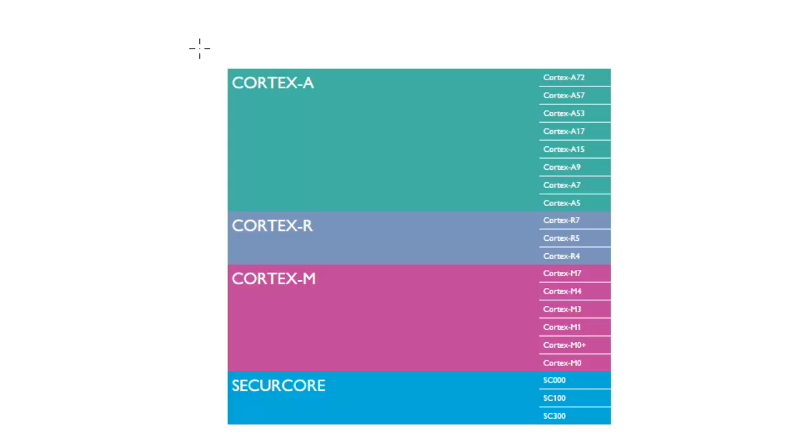The Cortex A series of processors are application processors. You should have seen a whole lot of smartphones and tablets that use ARM-based controllers, and an even closer example is the Raspberry Pi, which runs a full-blown Linux. All these application processors run an entire operating system.